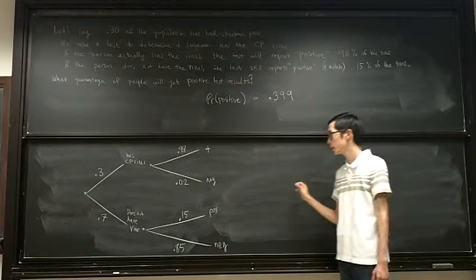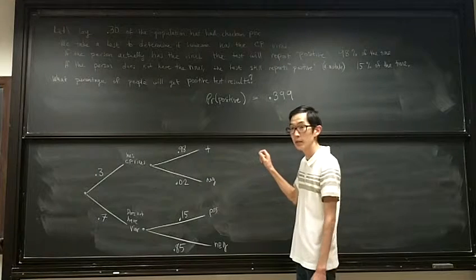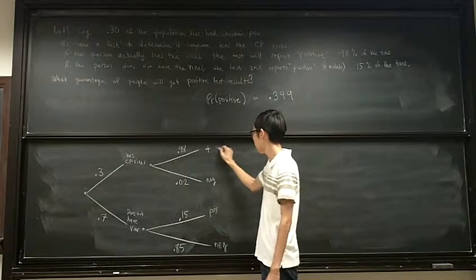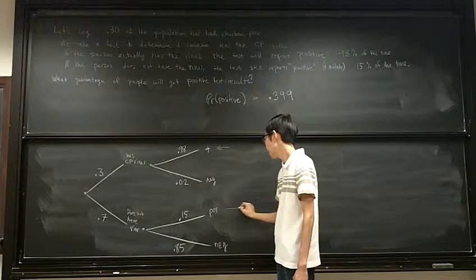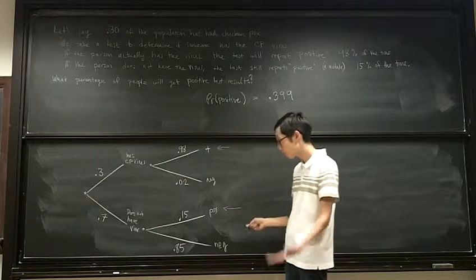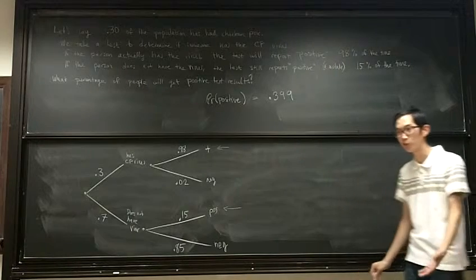Alright, so there's two ways for someone to end up getting a positive test result. They actually have the virus and it shows positive, or they don't have the virus, but because this test isn't very good, it still shows positive.